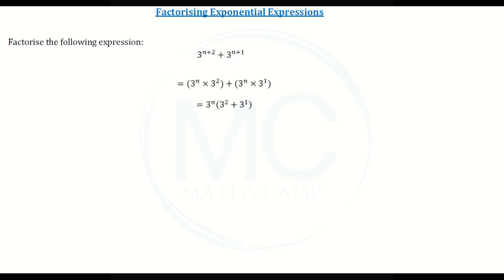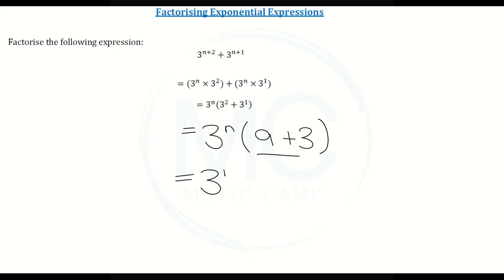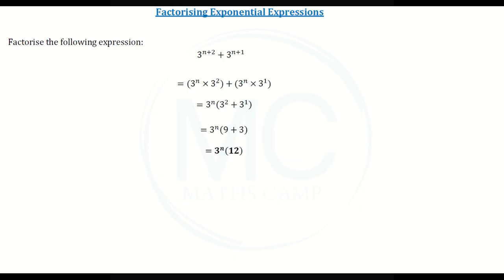Now we can simplify the values within the bracket. So we have 3 to the n, open bracket, 3 squared is 9, 3 to the power of 1 is simply 3, so we say plus 3. Now we can add these values, and we have 3 to the power of n, 9 plus 3 is 12, and this is our final answer.